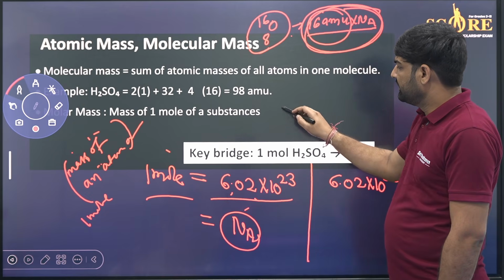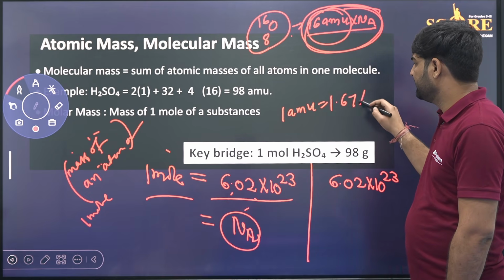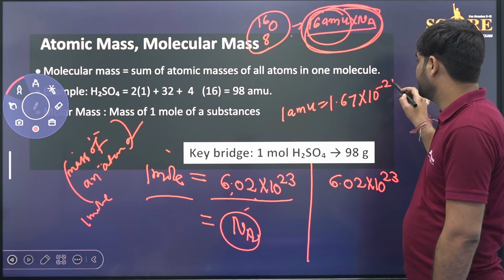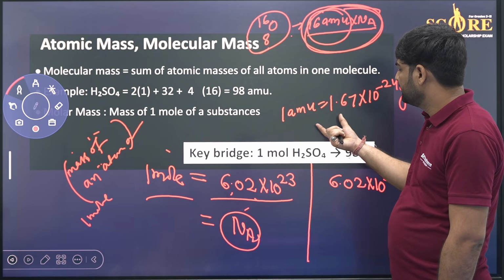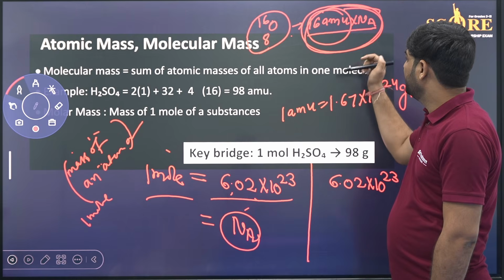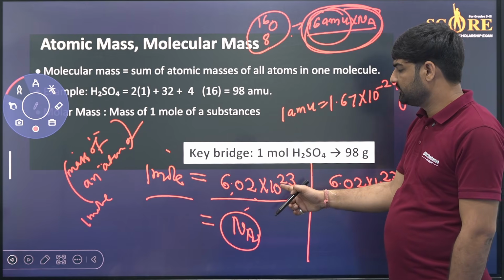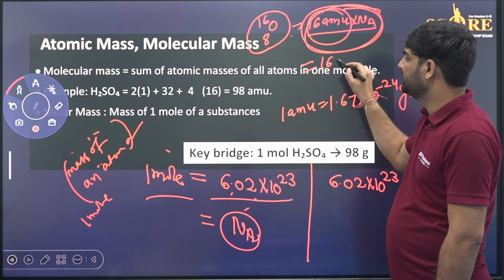And I tell you 1 AMU is 1.67 multiplied by 10 raised to power minus 24 gram. If we use this here, and Na is 6.02 multiplied by 10 raised to power 23, then you will find 16 gram.